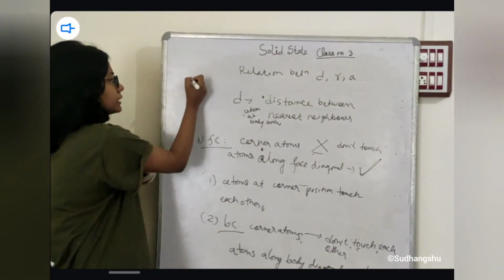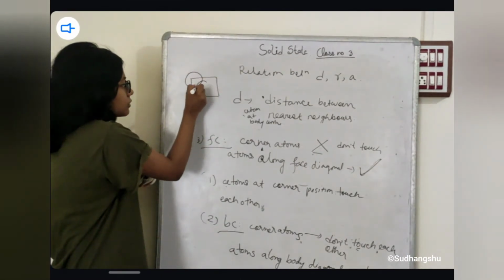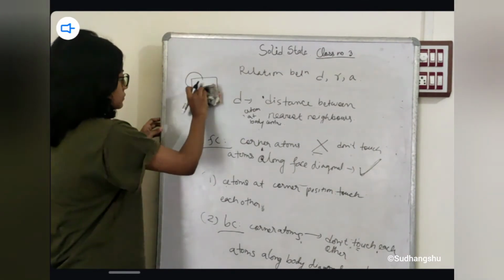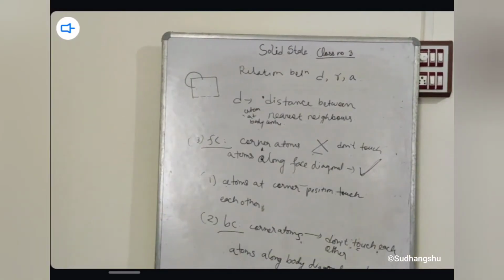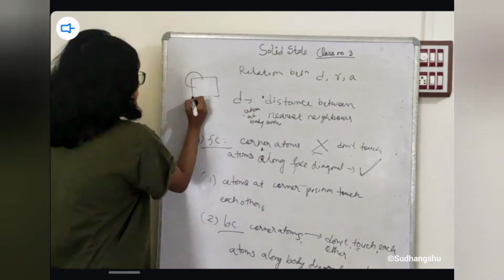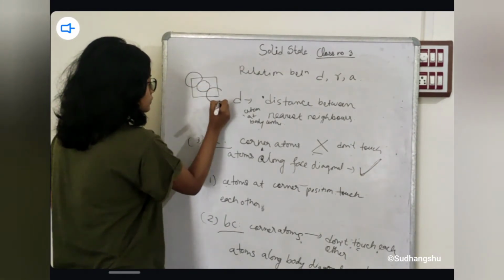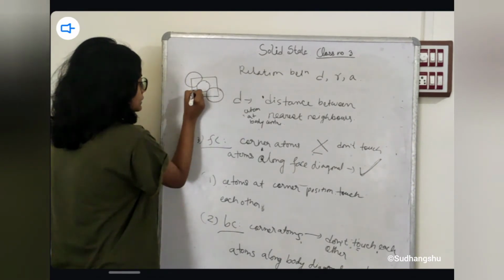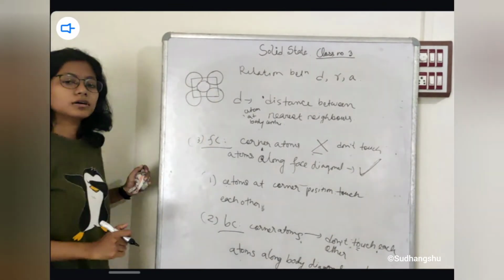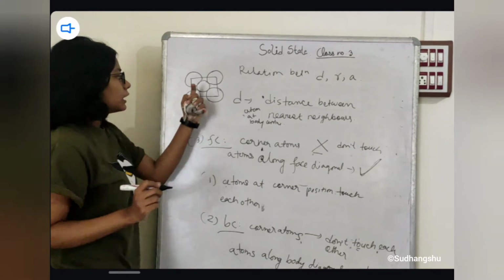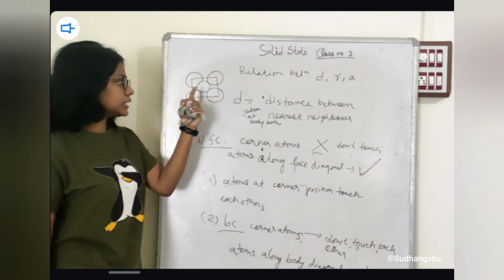So how can you draw this? Suppose this is one face. This is the atom at the center of the face, with corner 1, corner 2, corner 3, corner 4.